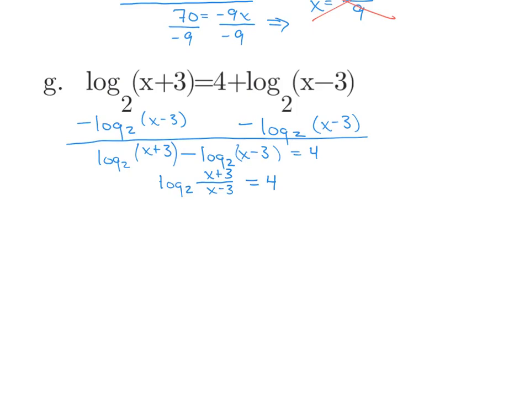Now if we go ahead and convert to exponential, we get 2 to the 4th equals x plus 3 over x minus 3. Let's go ahead and evaluate our exponent. 2 to the 4th is 16.